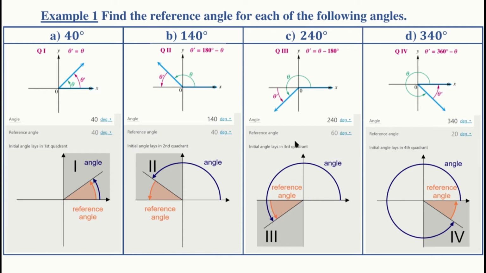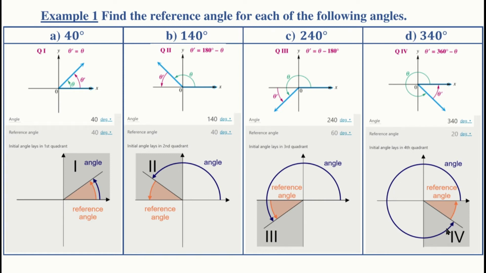So we basically have to do 240, plug it in here for theta, minus 180, and that's where we get the 60 for the reference angle. And for this fourth quadrant angle, we have this scenario which we saw on our last screen, and notice that for these we have to use this formula.